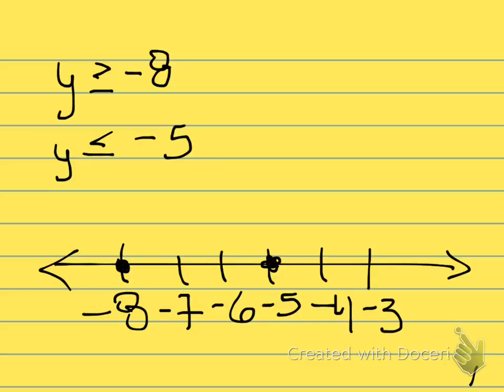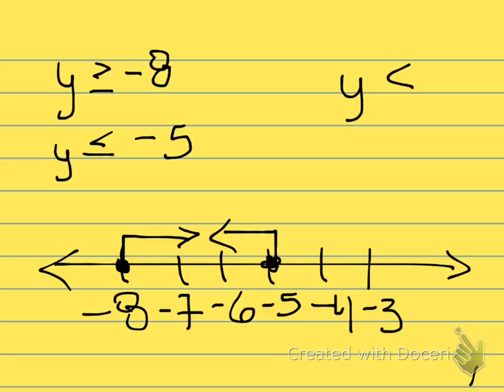And then we would need to follow the symbols for each arrow. What you will notice, though, is that with and inequalities, you're always going to have the arrows going towards each other. Okay? So you would have y is greater than or equal to negative 8, which would need to go to the right, and then you would have y is less than or equal to negative 5, which would need to go to the left.